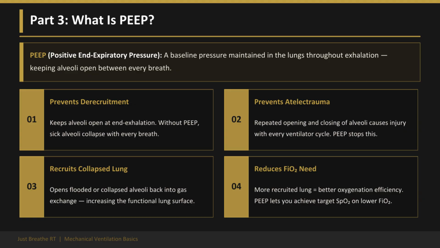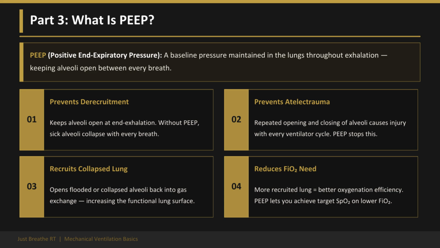But in a sick lung, ARDS, pneumonia, pulmonary edema, alveoli flood with fluid, collapse, and stop participating in gas exchange entirely. This is called de-recruitment, and once alveoli collapse, every breath that follows opens and recollapses them, a phenomenon called atelectrauma, which causes further injury with every single ventilator cycle.